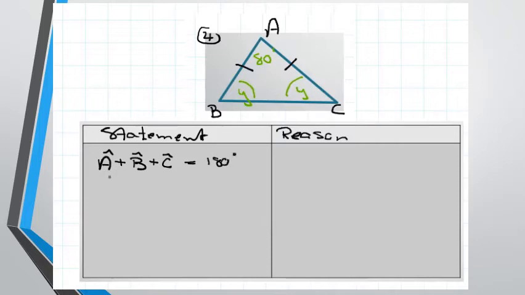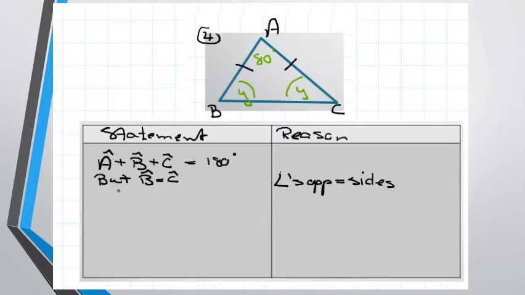But I'm going to make the statement that angle B must equal angle C. And the reason again for that is angles opposite the sides must be equal for the isosceles triangle.